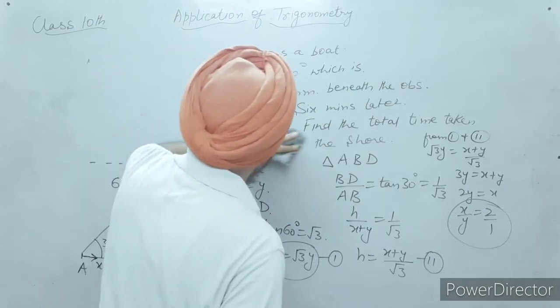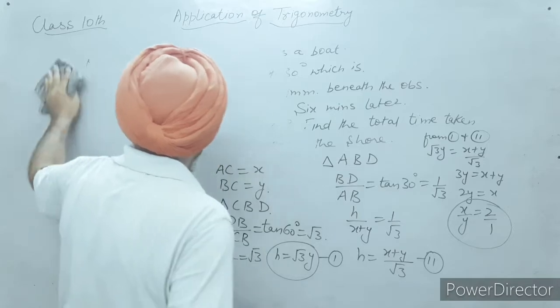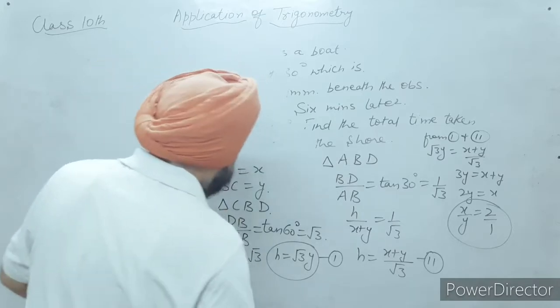This should be equal to the ratio of the time taken to cover these distances.